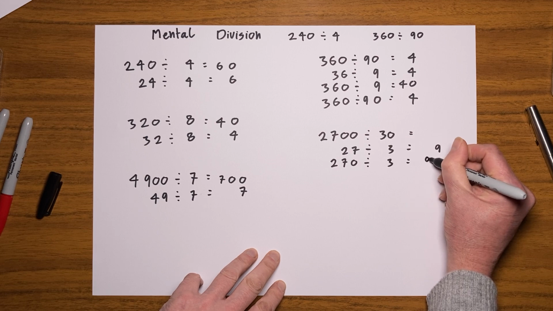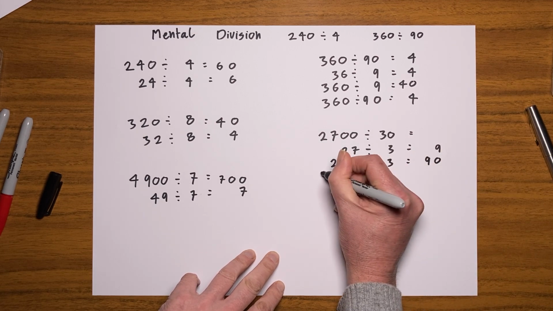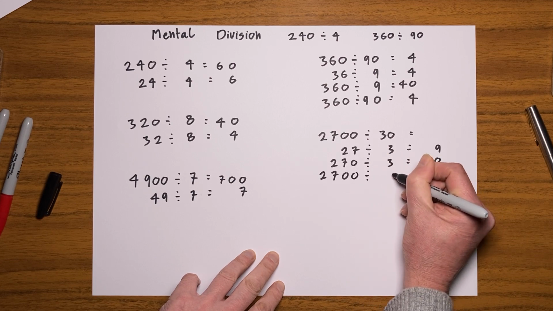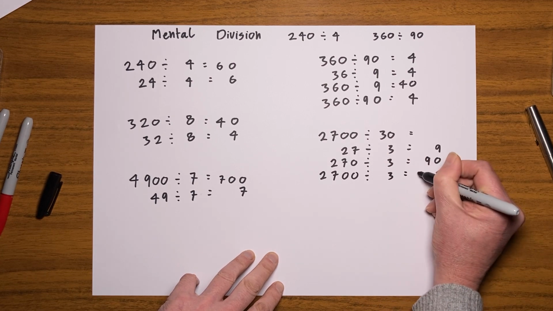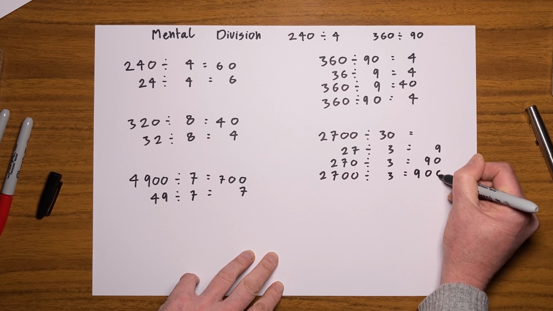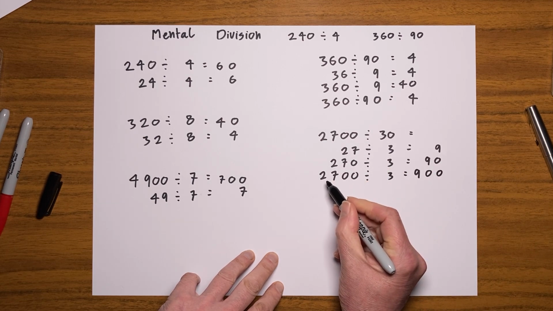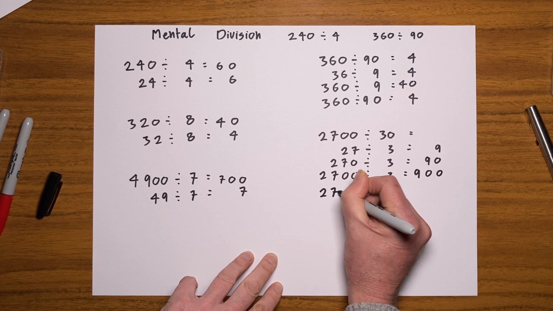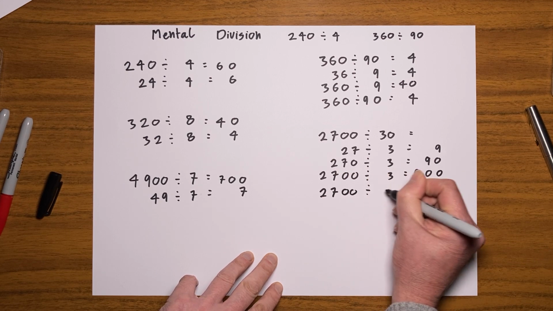Well, that would be 90, because it's 10 times as big. Then I can do 2,700 divided by 3, and that will give me 900, because it keeps getting 10 times bigger. Now I'll go back to my original question, which was 2,700 divided by 30.